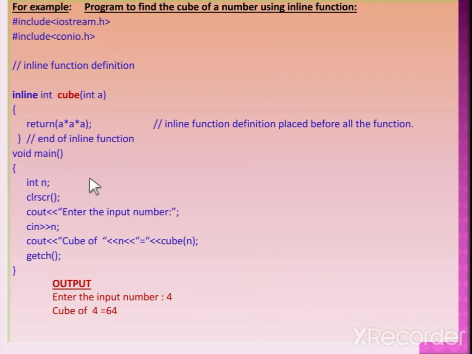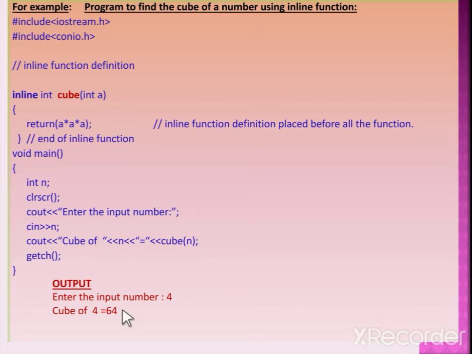Here also I am passing an integer argument as a. It returns a cube of any number using this statement, where n is an integer number here. From this function cube of n, you will get the cube of the n number.